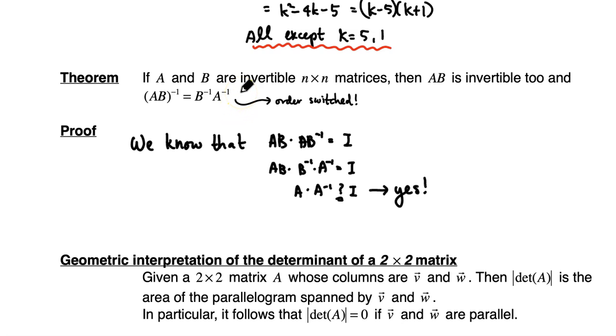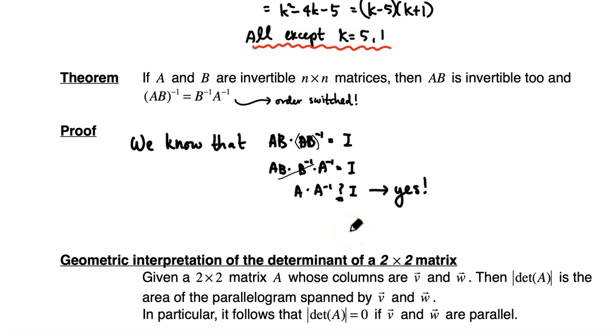We can check that this works, because the inverse of AB, we should have parentheses here to be clear, we know it's the inverse because we just wrote it, so this has to be equal to I, and if we use this formula, we get AB times B inverse times A inverse, and now B times B inverse is equal to I, and then we get A times A inverse, which is indeed equal to I.